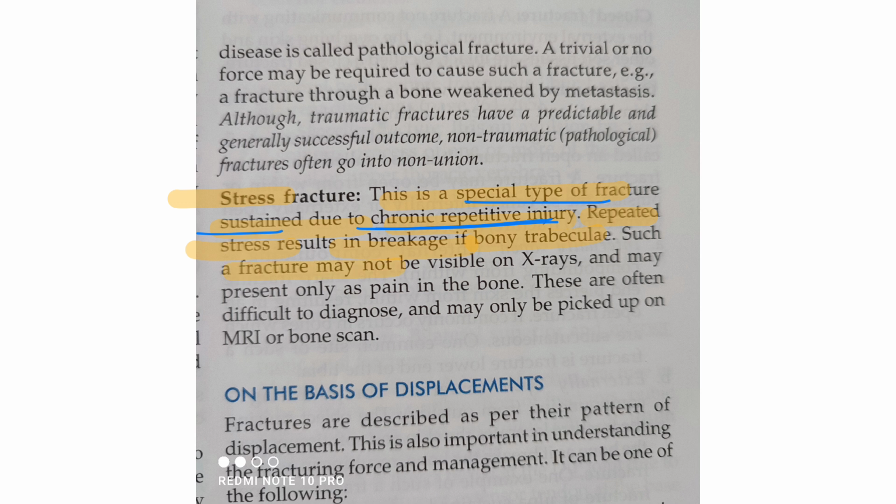Such fracture may not be visible on X-ray and may present only as pain in the bone. These are often difficult to diagnose and may only be picked up on MRI or bone scan.